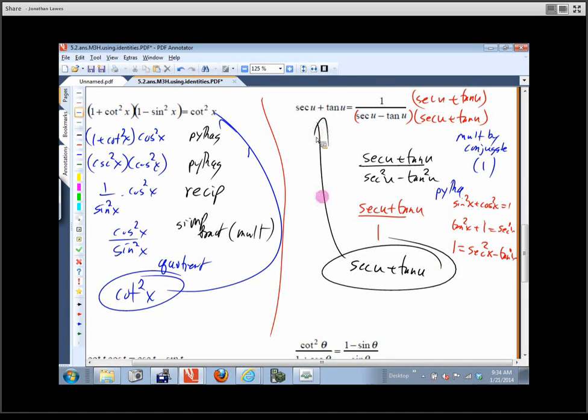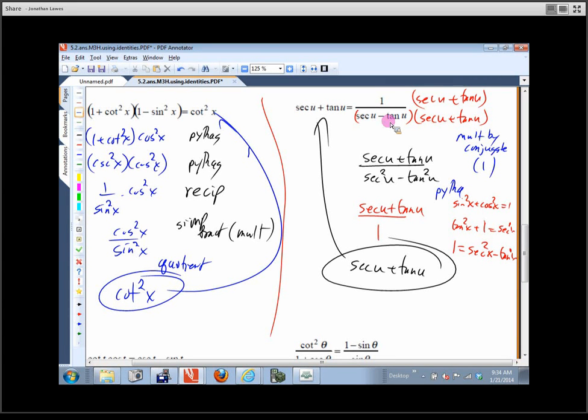And now I've made this side look like that side. Please don't lose track of that. I can get that into a form where I might have some other identities that I can use, some of those Pythagorean identities, if I can get each one of those to be squared. The way I can do that is by multiplying by its conjugate, by a difference of squares. Very nifty trick used all the time.